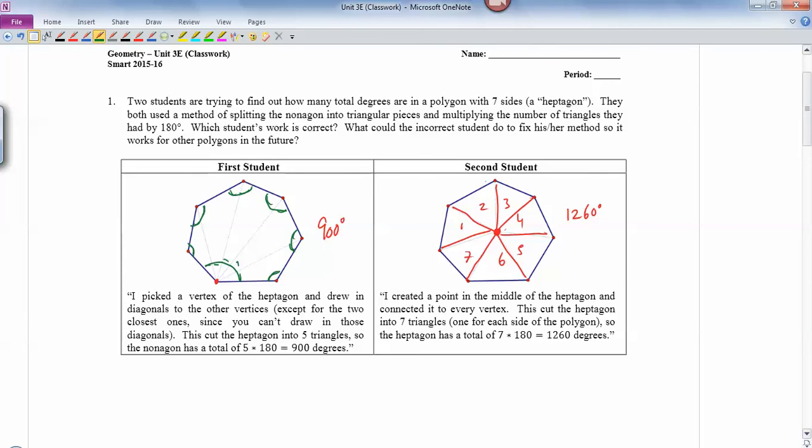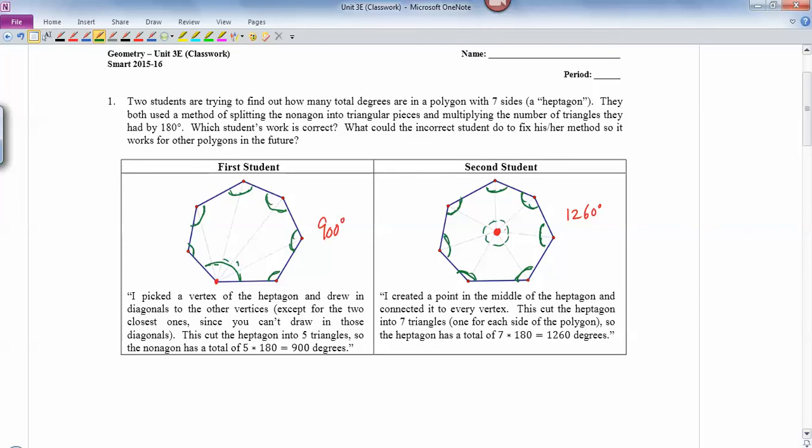Now in this one, if I mark all the angles of the triangles, I've got this one and this one, these two, these two, these two, and these two. But I also have all of these angles in the middle here, right? Now if I get rid of the red, notice I've got all the angles of the polygon, these 7 angles going around the edges.